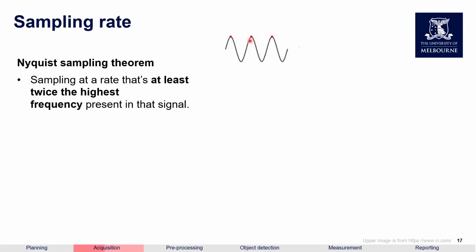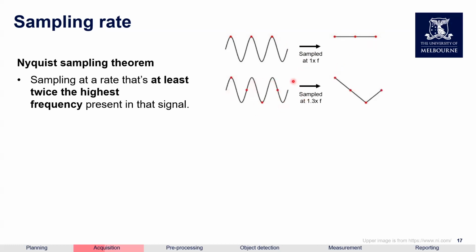Let's say that these black curves are our signal, and the red dots here are where we will be sampling. If we sample 1 point per cycle, then the sampling result will be like this, which is not really a proper representation of our data.